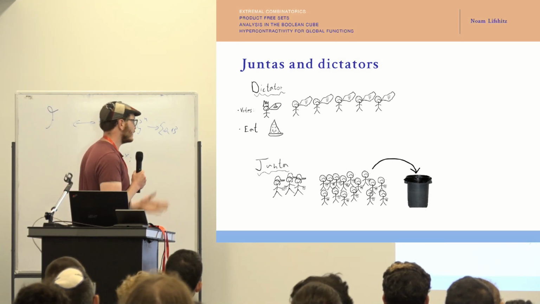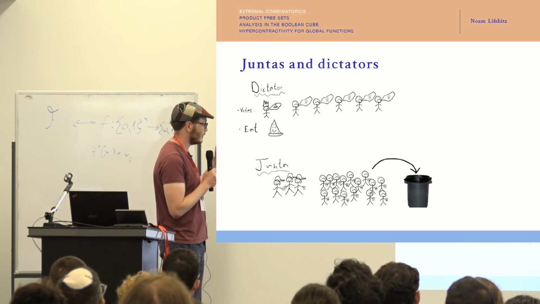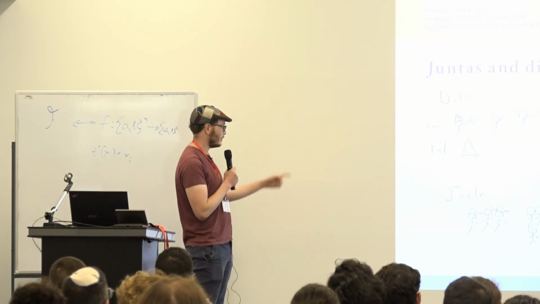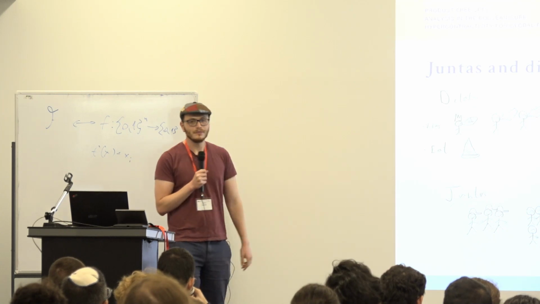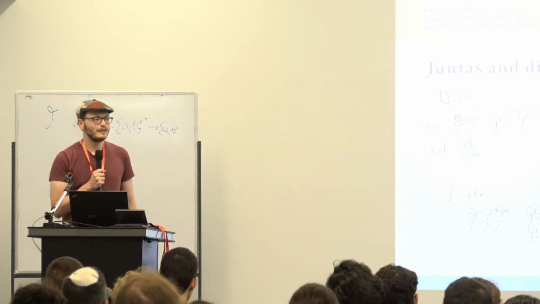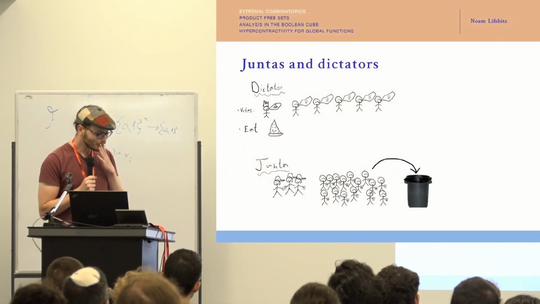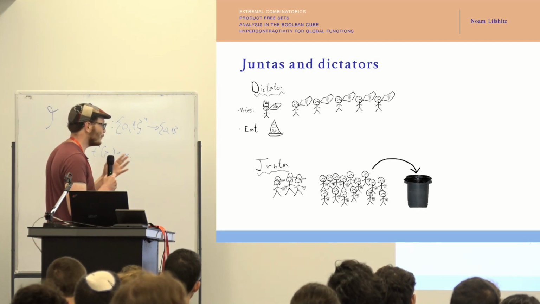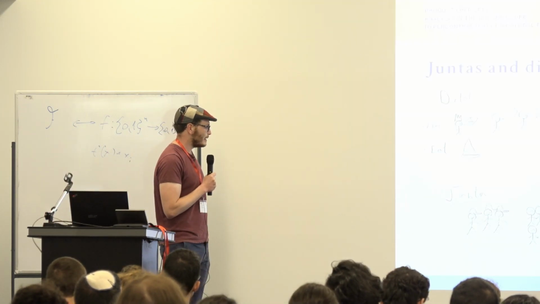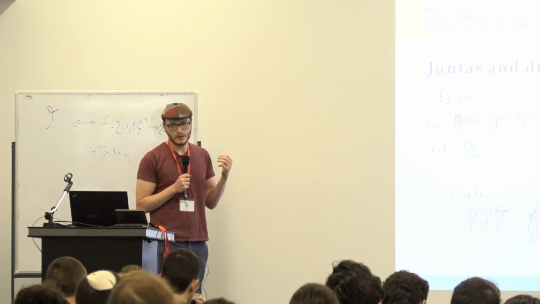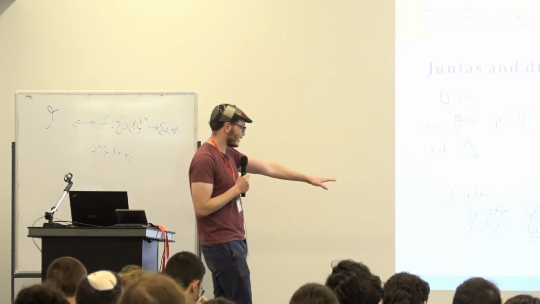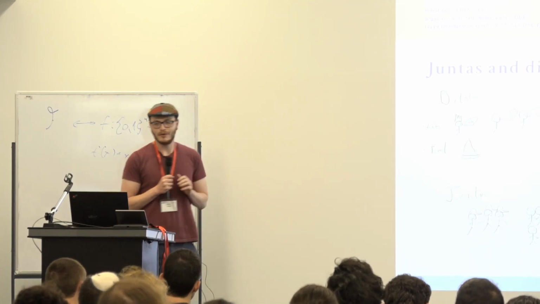We have the dictators, that determine the outcome based on one voter. And there are also other important voting schemes that are juntas, where we decide the outcome of the election based on 3 votes. So we have these 3 people that determine the outcome of the vote.